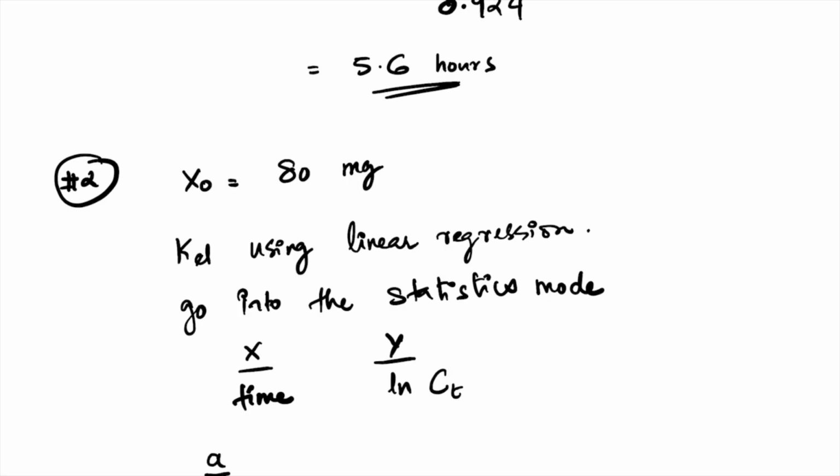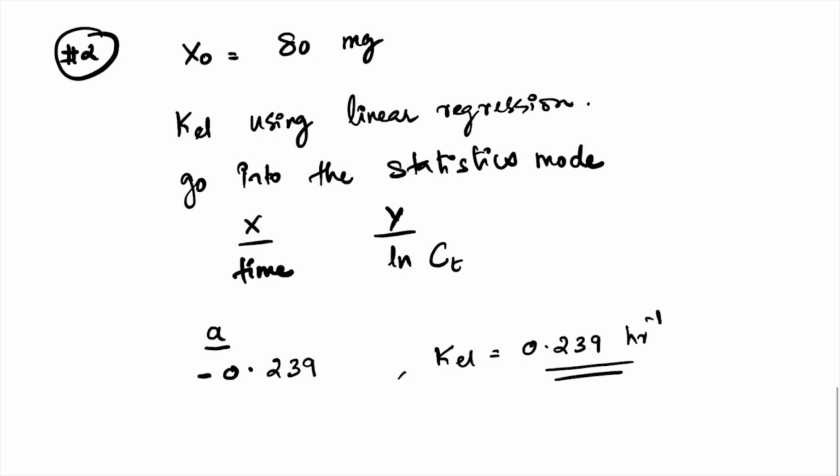So we know that then KEL is 0.239 since the time that we entered was in hours. So this is going to be per hour.